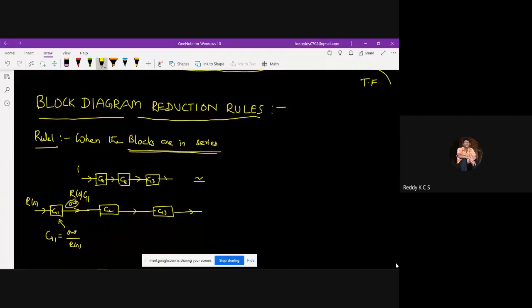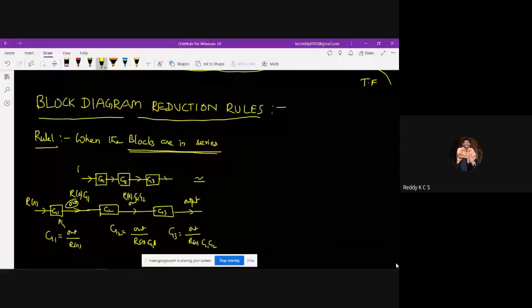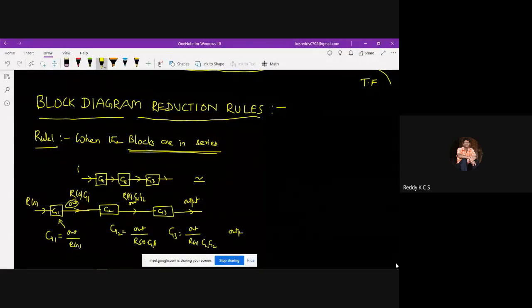Similarly, G2 is the output by R of S into G1, so the output is R of S into G1 G2. Similarly, G3 is the output by R of S into G1 into G2, so the output can be written as R of S into G1 G2 G3. So this is the output.